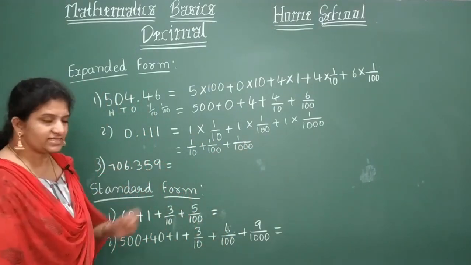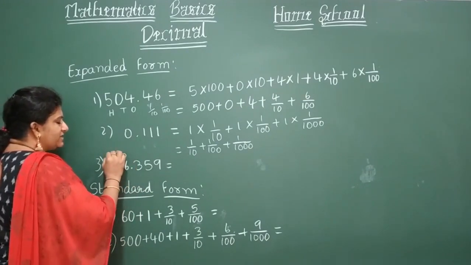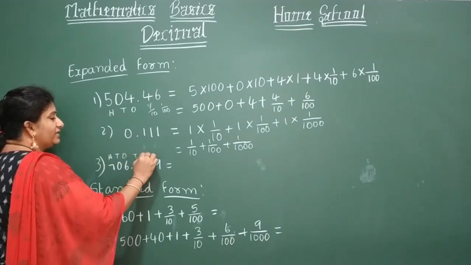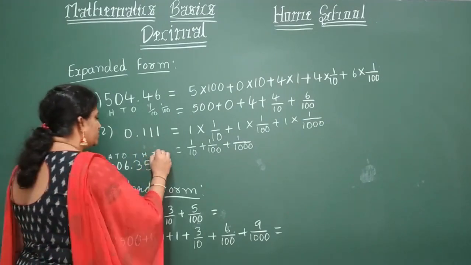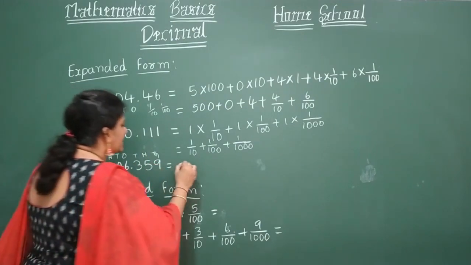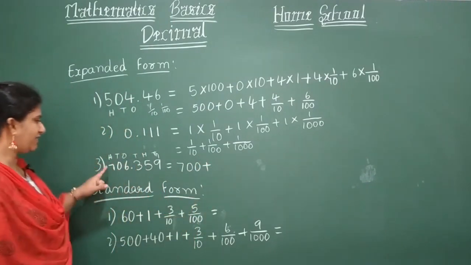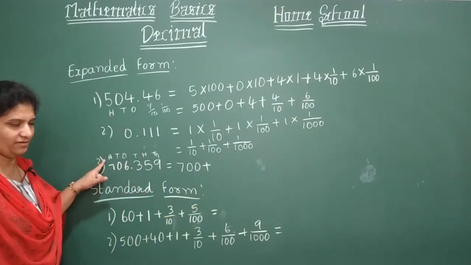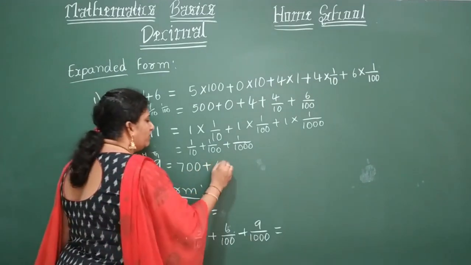Let's look over the last example here. So observe the place value here. Ones, tens, hundreds. 10th, 100th, 1000th. Right? So now, directly shall we write this line, children, here? 700. Why? 7 into 100, 700. 0 into 10, how much? 0.